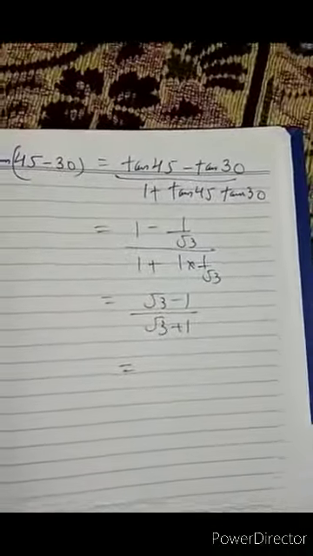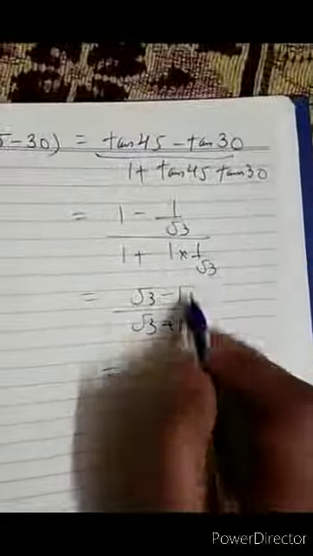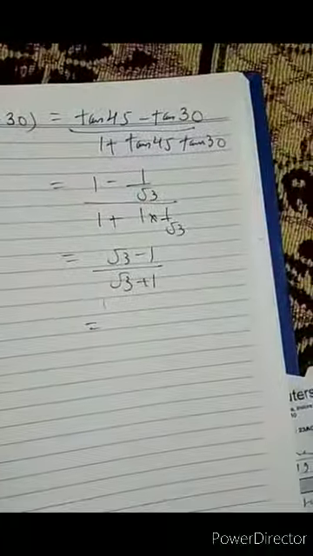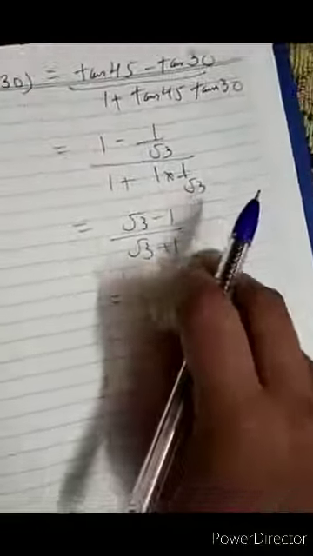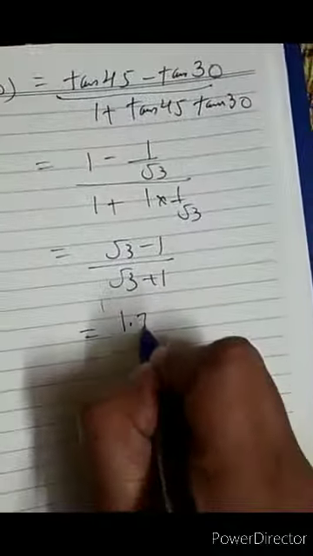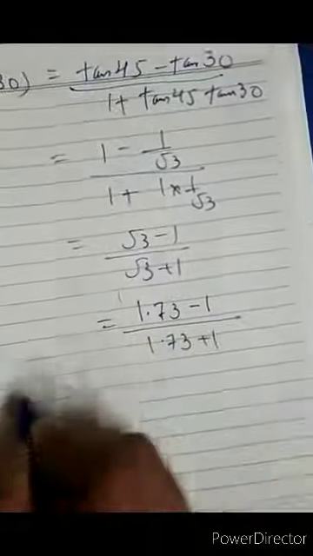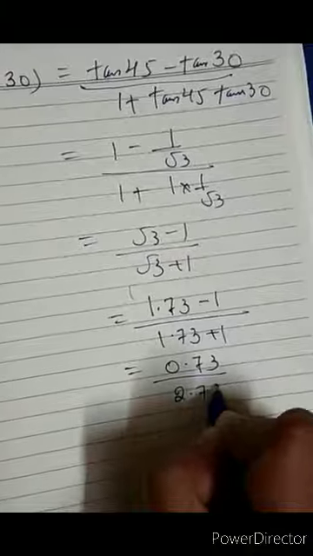So what you can do now, either you rationalize it, or let's directly put the value: root 3 is 1.73, so 1.73 minus 1 upon 1.73 plus 1 is equal to 0.73 divided by 2.73.